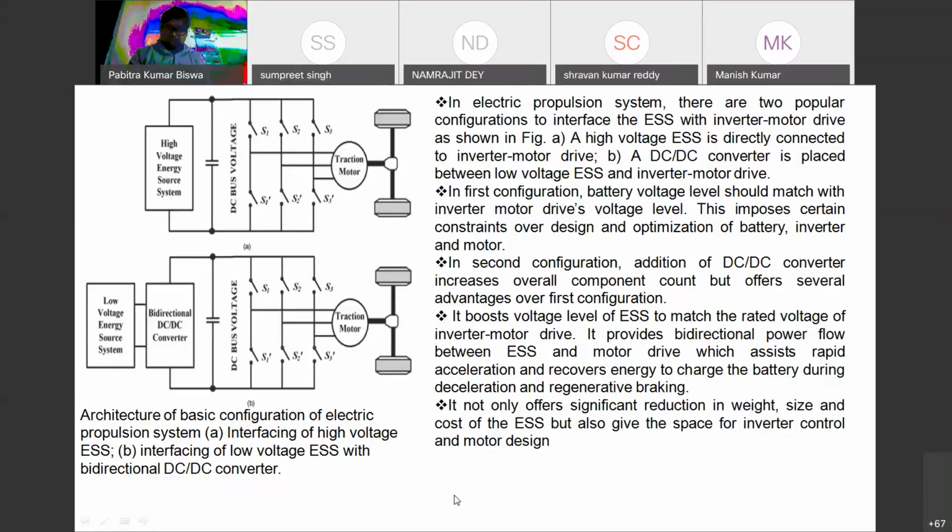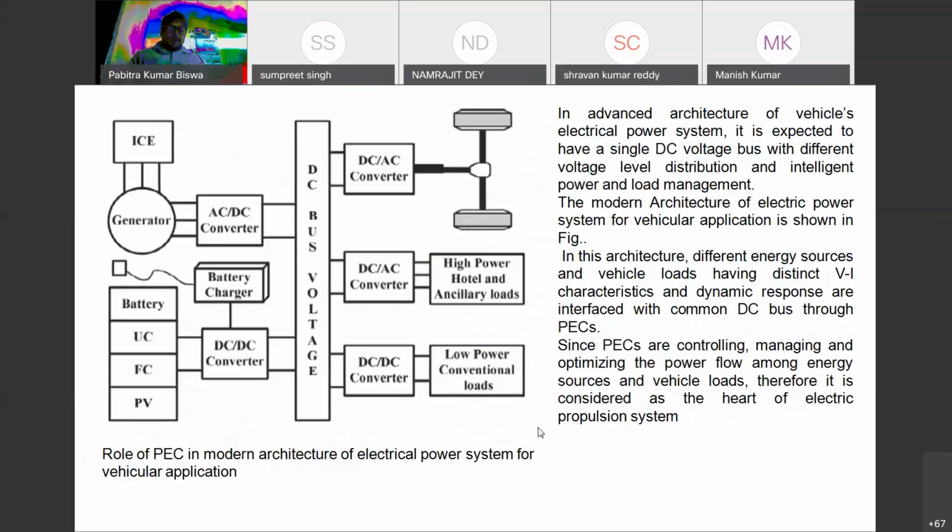So now this is the modern power electronics architecture of an electric vehicle power system. We are considering that in the advanced architecture of vehicle electric power systems, it is expected to have a single DC voltage bus with different voltage level distribution and intelligent power load management.